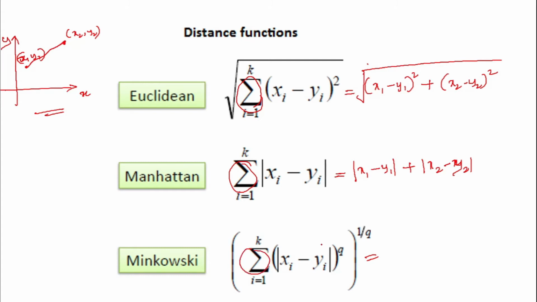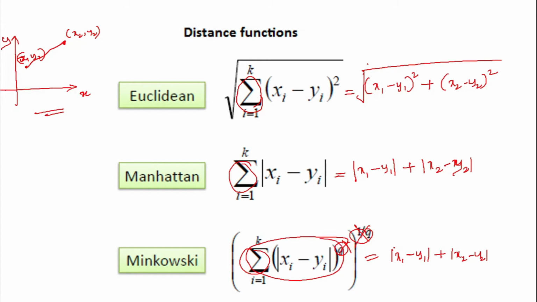Again, it is a summation of mod of x1 minus y1 plus x2 minus y2. How is it different from this? Can we cancel this and this? No, we cannot cancel, because this comes inside the summation.